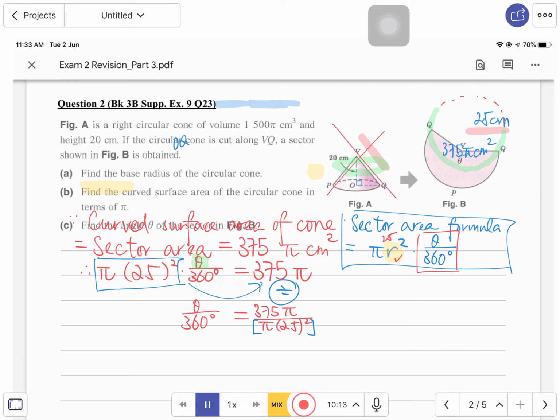Which will give you 0.6 on the right. And then for the left hand side, we do the last step using multiplication to move the 360 to the right. So theta will be 0.6 times 360 degree, which will give you 216 degree. So we now know the angle theta of the sector.